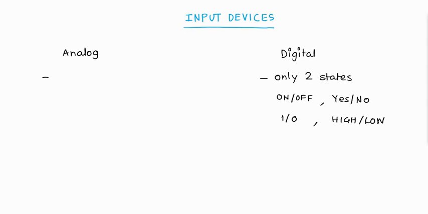And more than two values. If we have more than two values, or we can represent a value in more than two states, then we call them analog values. For example, brightness.